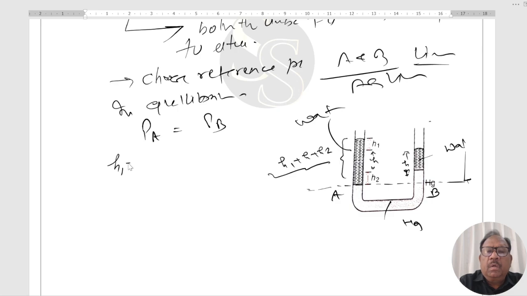H1 plus H plus H2, with rho water into g, plus atmospheric pressure.